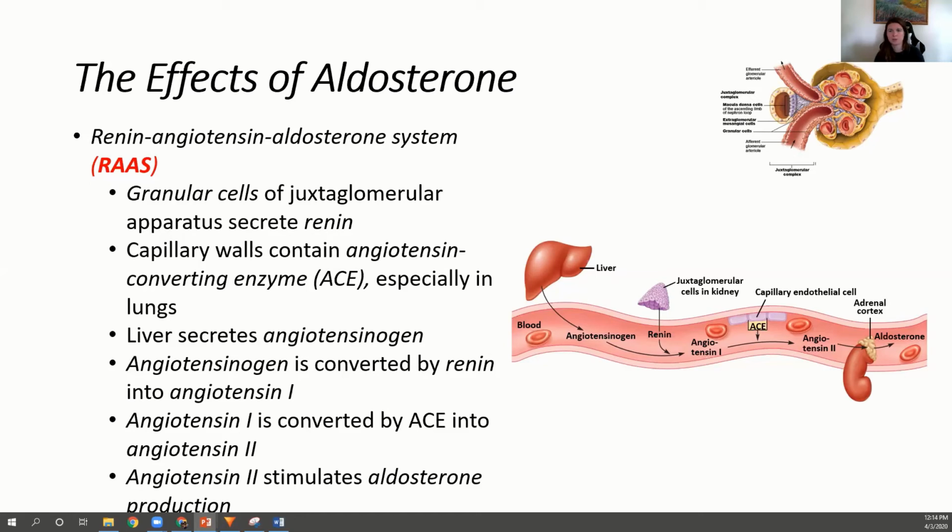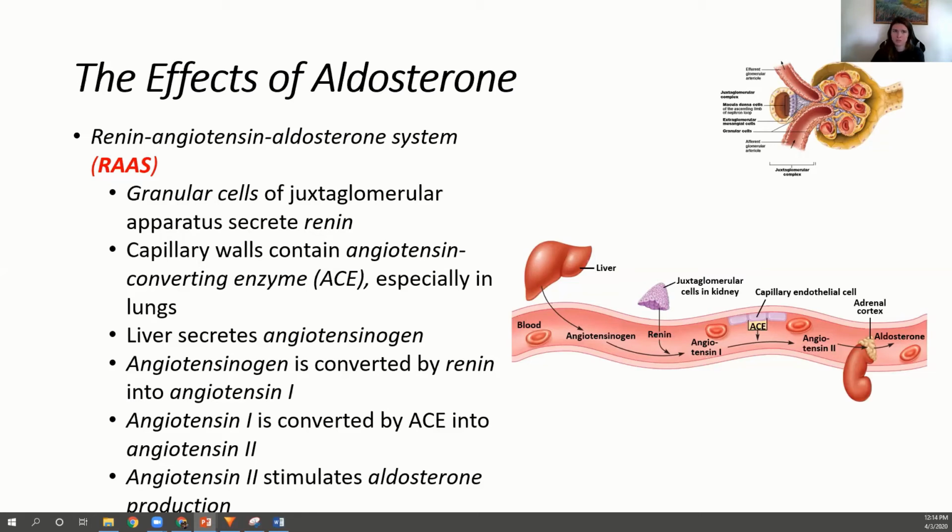So when we're talking about clotting, we have a pathway, and we're going to have a pathway like that when we're talking about aldosterone. So we have something called the renin-angiotensin-aldosterone system, which, if you can remember that name, RAAS, already tells you something about the pathway. So that's the order in which we're going to trigger these different molecules.